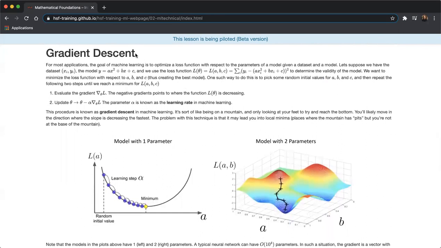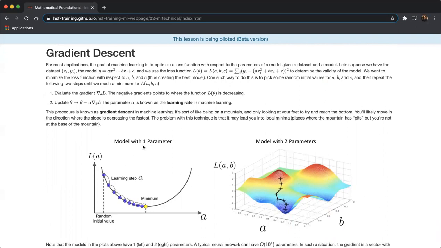Now, gradient descent is often how a machine learning model optimizes. This is the procedure for gradient descent, and some key definitions are here.